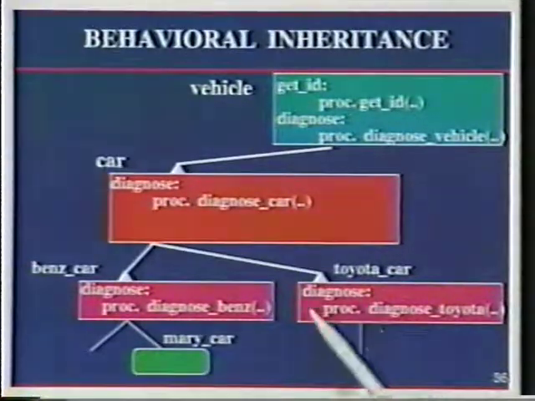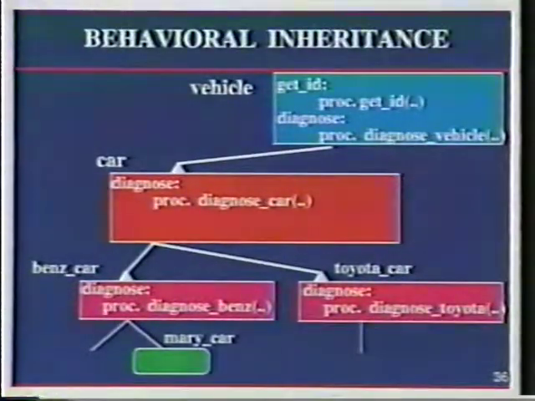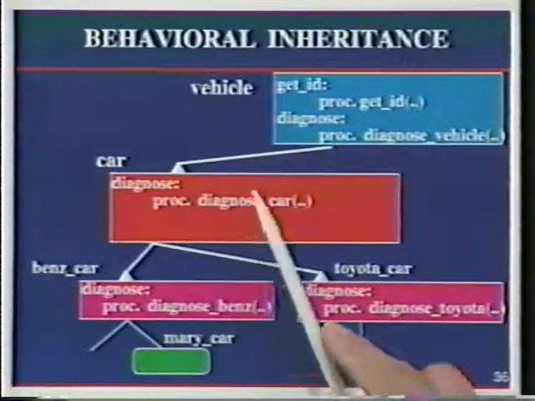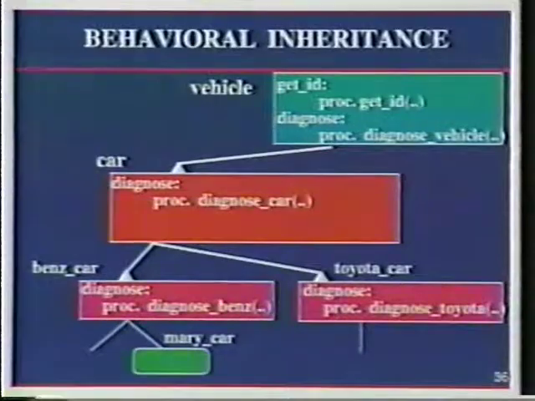For example, if you have a Toyota car, you might want to buy a particular manual that is sold by Toyota people, which has some similarities to the diagnosis of cars in general, but there are some peculiarities to Toyota cars.